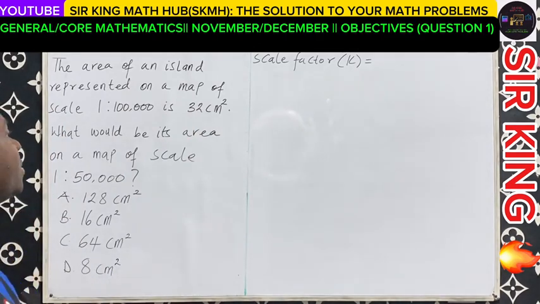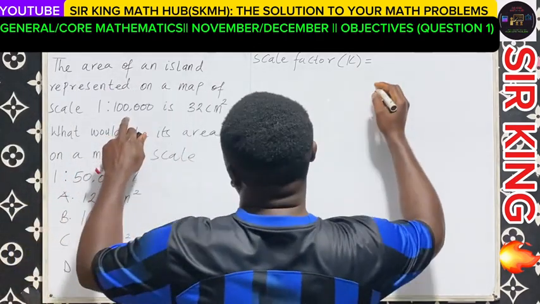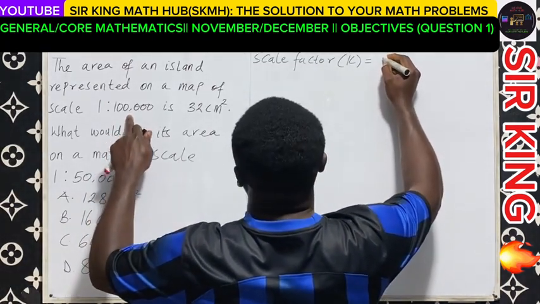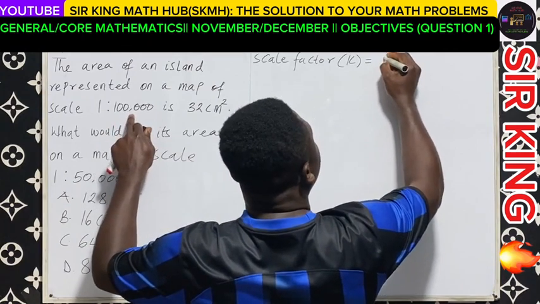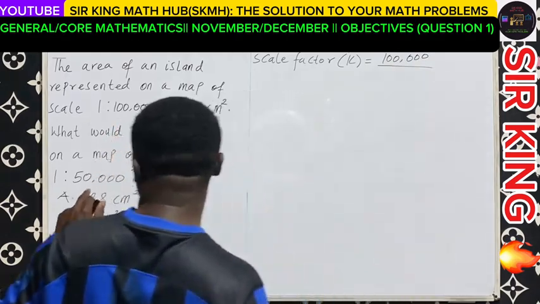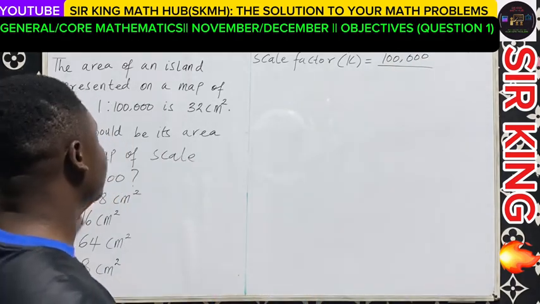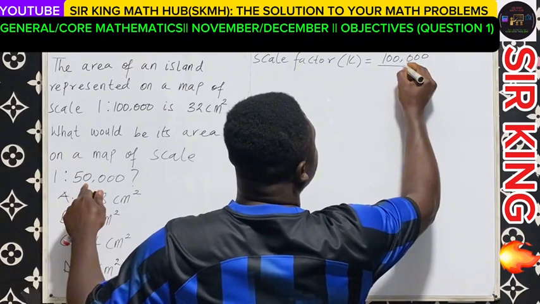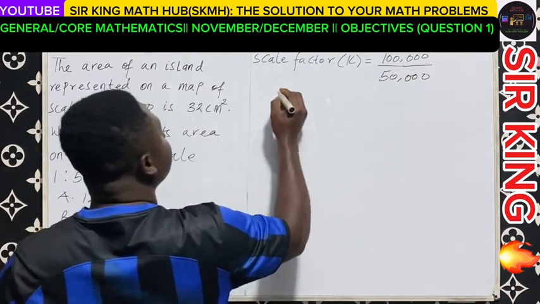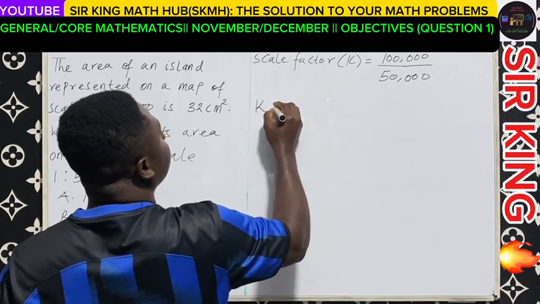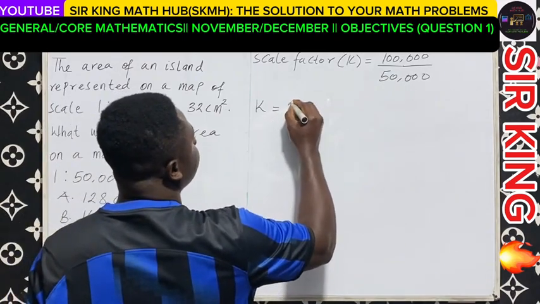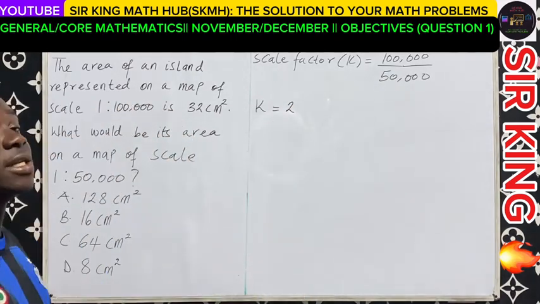The scale factor is the length of the first map, that is 100,000, divided by the length on the second map, which is 50,000. So what is K? 100,000 divided by 50,000 is 2. So the scale factor here is 2.